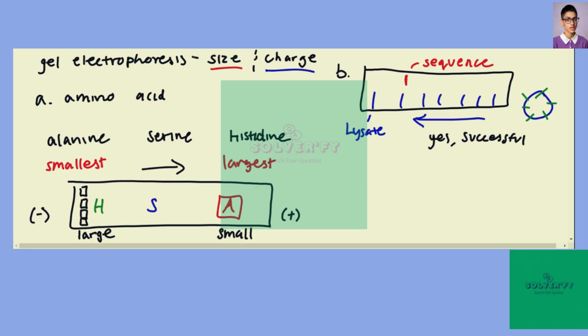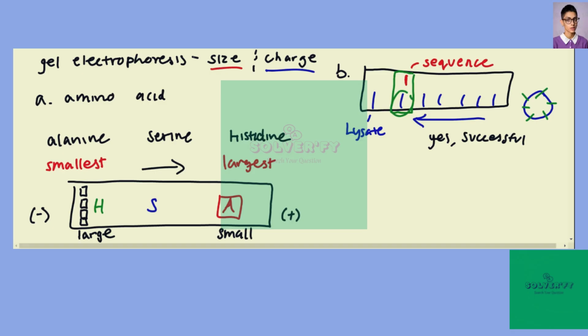Because of this area right here, where the sequence matches the lysate. Because the sequences are located in the same area, in the same size, it shows that the lysate contains the sequence being inserted into the plasmid, right?